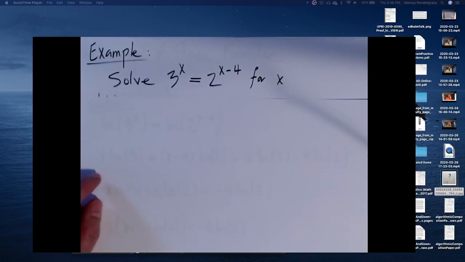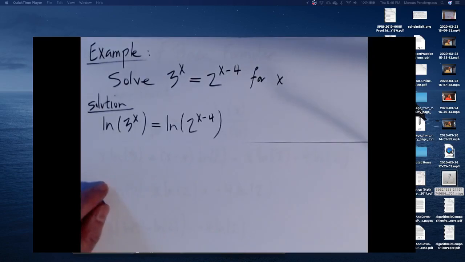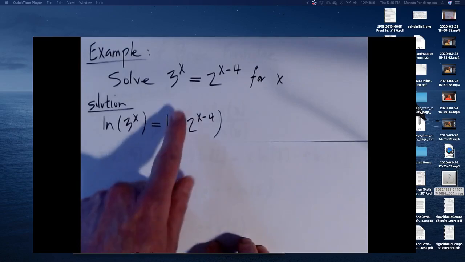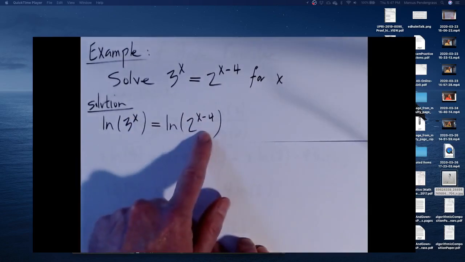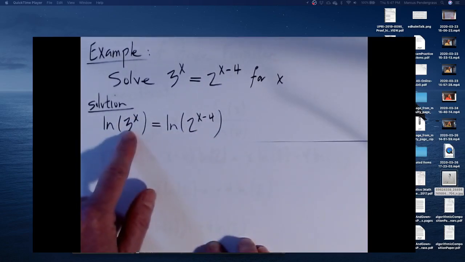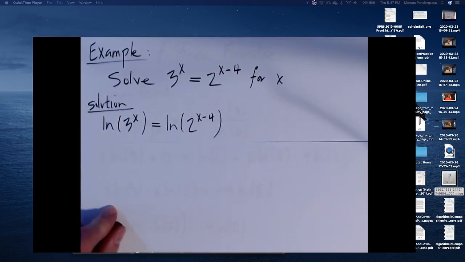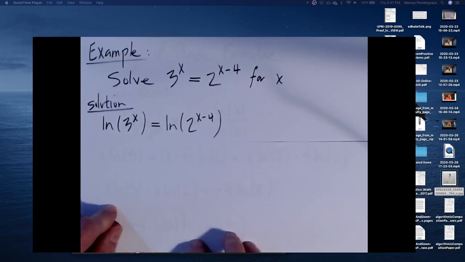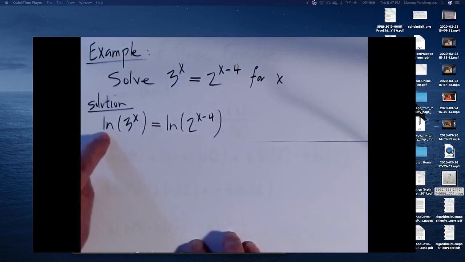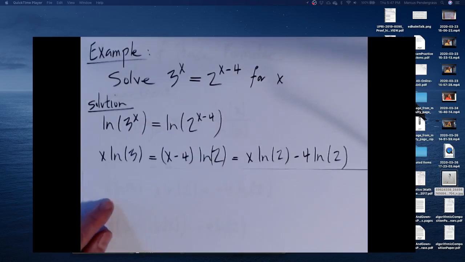Well, one method would be to use the natural log. So all I'm going to do is take the natural log of both sides of my equation. So natural log of 3 to the x equals natural log of 2 raised to the x minus 4 power. And then let's use the property that natural log of a power is the power times the natural log.